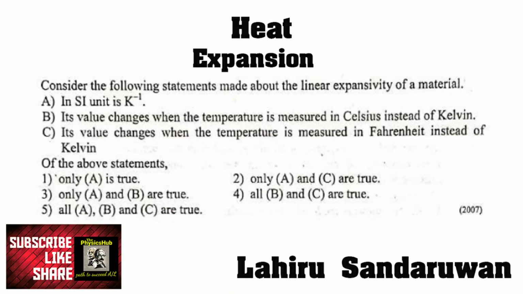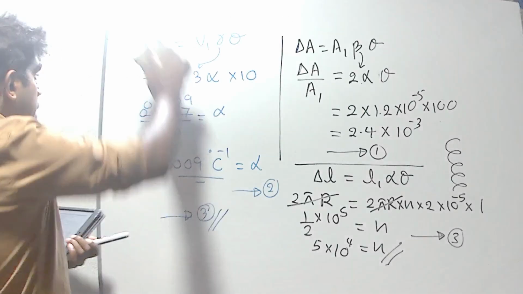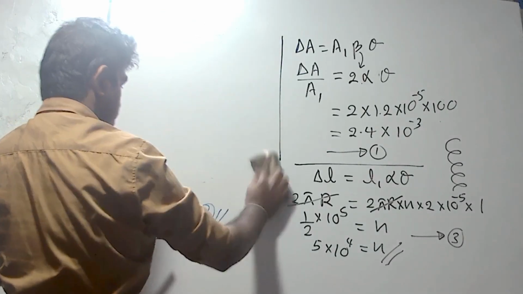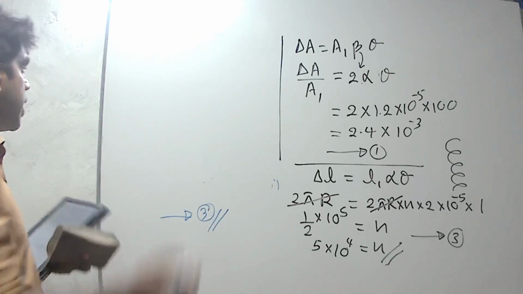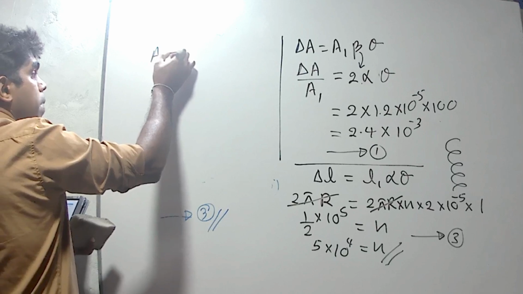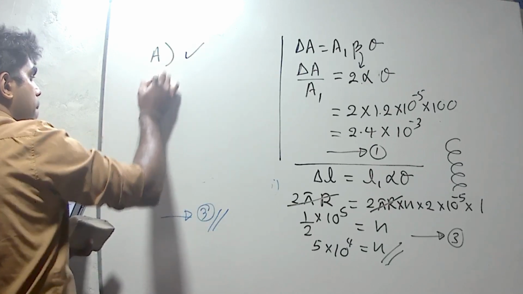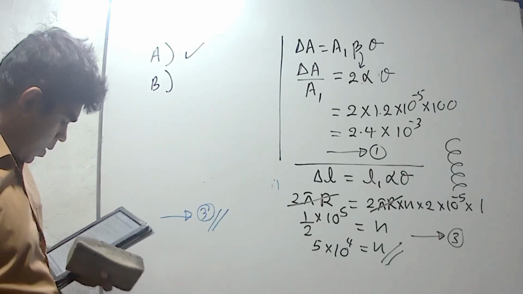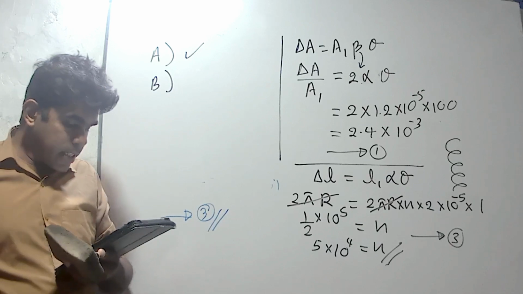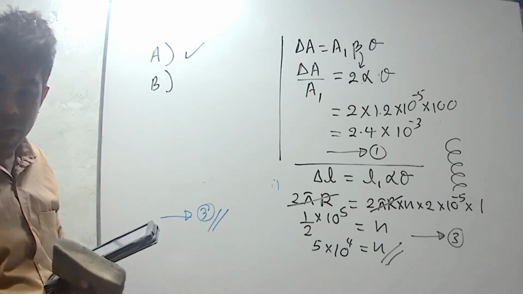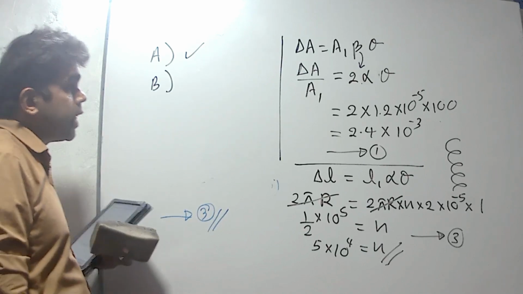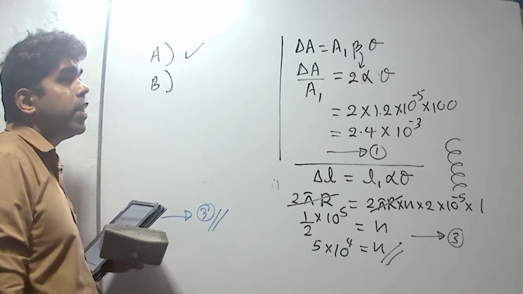Consider the following statements made about the linear expansivity of a material. Statement A: the SI unit is Kelvin. Yes, it is correct. The SI unit is per Kelvin. Then statement B: its value changes when temperature is measured in Celsius instead of Kelvin. We know that a 1 Celsius difference is equal to a 1 Kelvin difference.